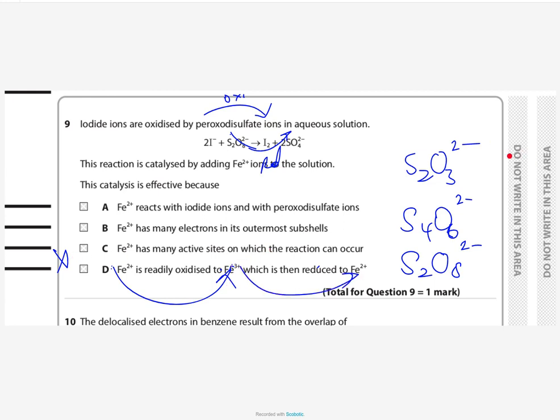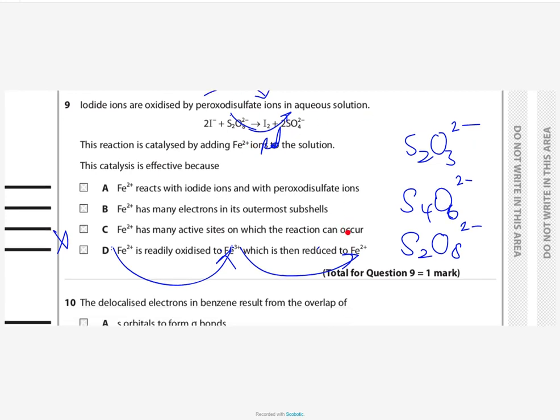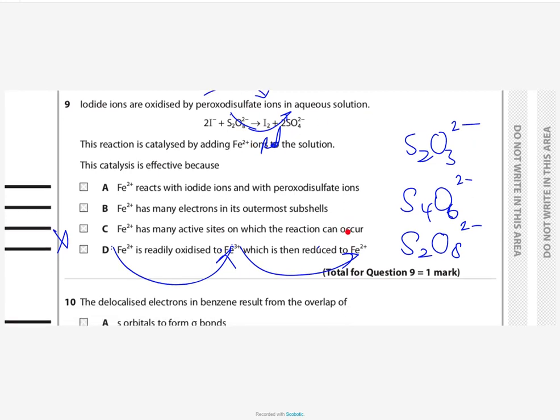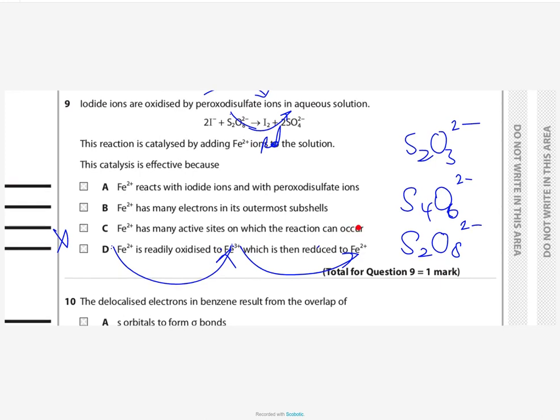So this is what exactly happens. You can also use Fe3+ as a catalyst here. In that case, the reverse reaction occurs. Fe3+ works on I minus to I2 first, and then Fe2+ works on persulfate to sulfate. So at the end, anyway, the catalyst is regenerated.